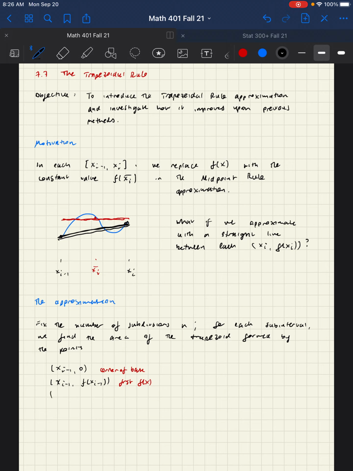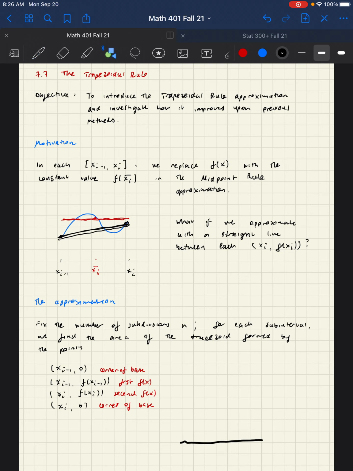This is the first function value. The next one is x sub i, f of x sub i, which is the second function value. And lastly, x sub i comma 0. And that gives us the second corner of the base.